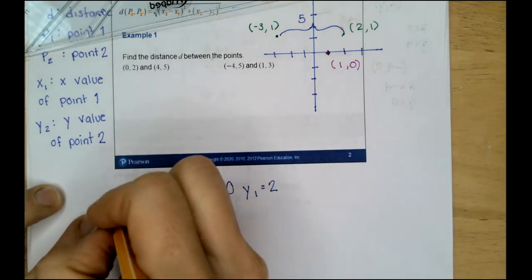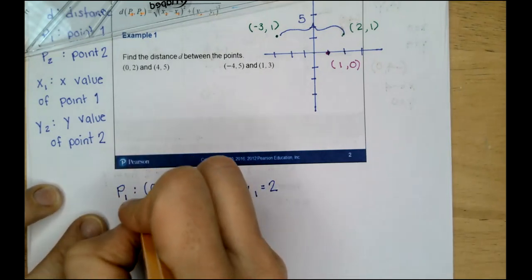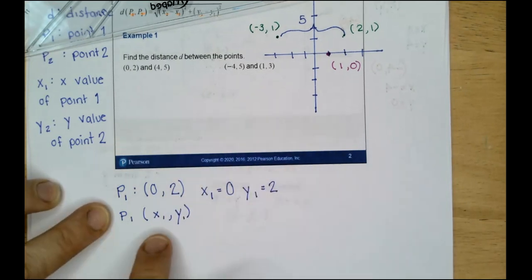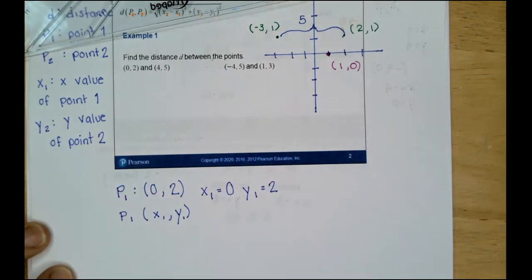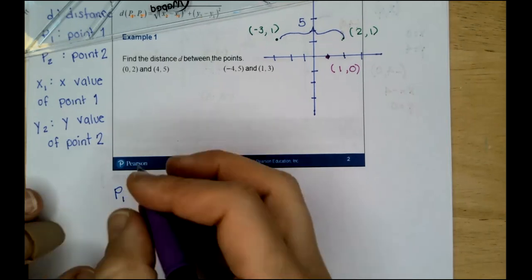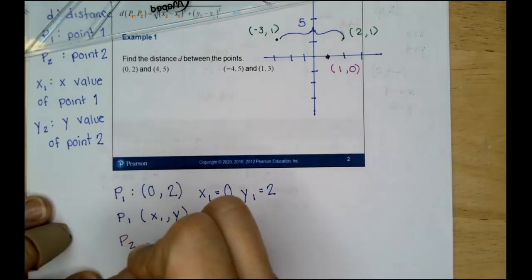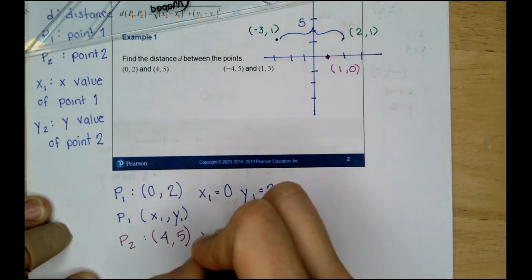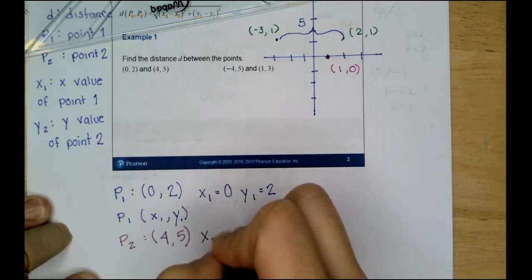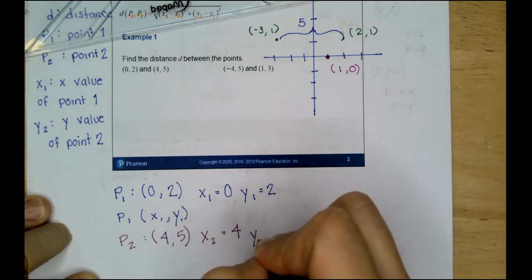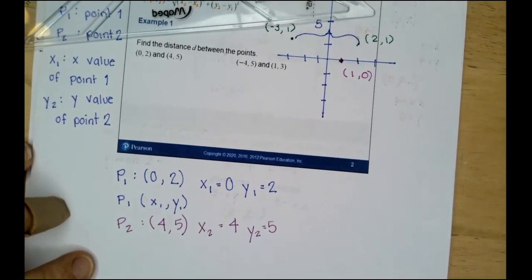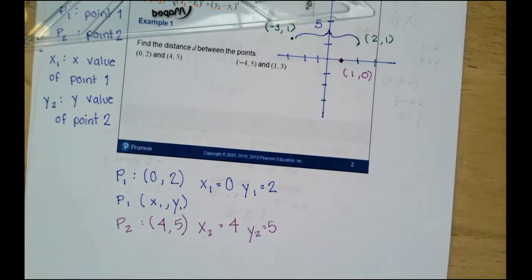Because P1 includes X1 and Y1. So X1 is 0, Y1 is 2. P2 is 4, 5. So I'm going to say my X2 is 4, my Y2 is 5. We good? All right.